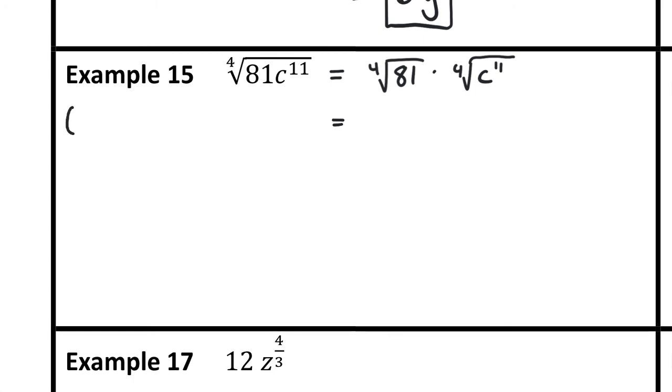What should come to mind is 3 times 3 times 3 times 3 is 81. So 3 to the power of 4 is 81. So I'm going to substitute that over here.